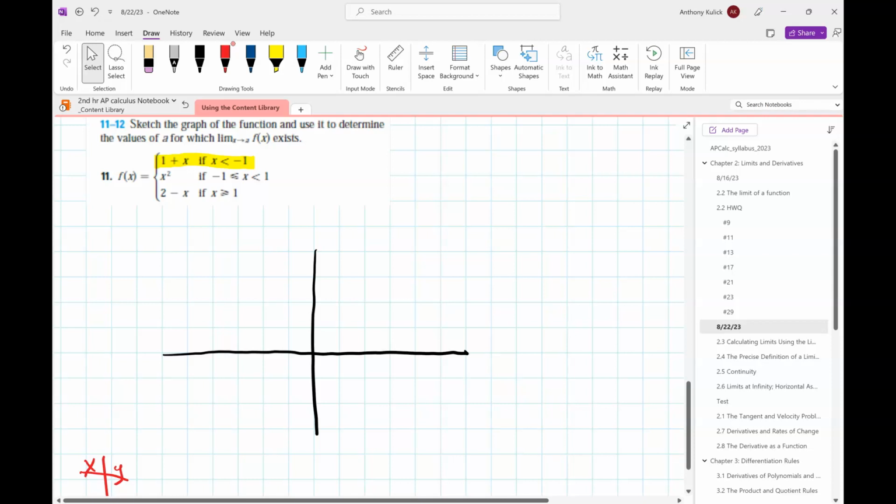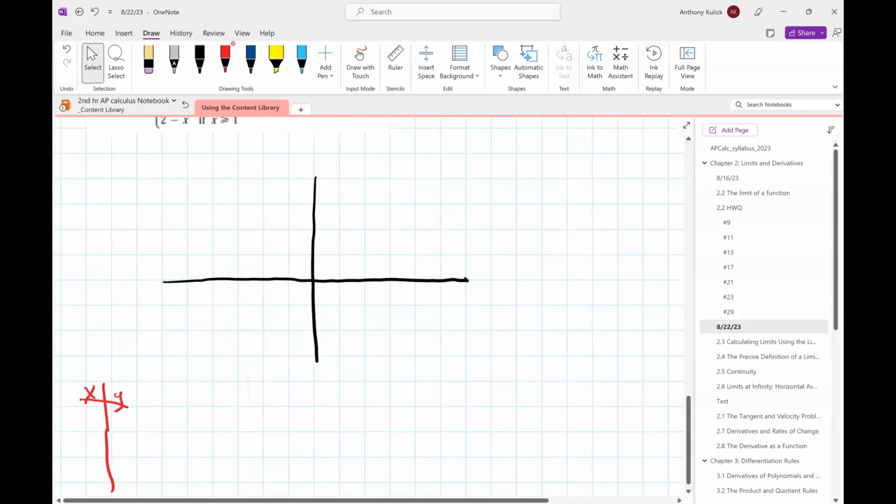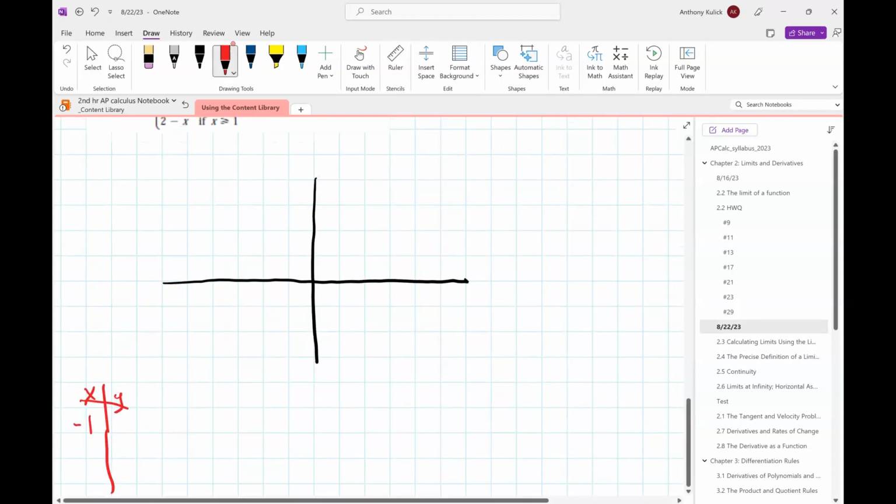So I'm going to need to pick x's that are less than negative 1. One of the x's I'm going to pick has to be negative 1 because I need to have the boundary. Now I know that negative 1 is not actually a member of the domain, but I need that because I'm going to put an open circle there, since that's where the function is going to change.